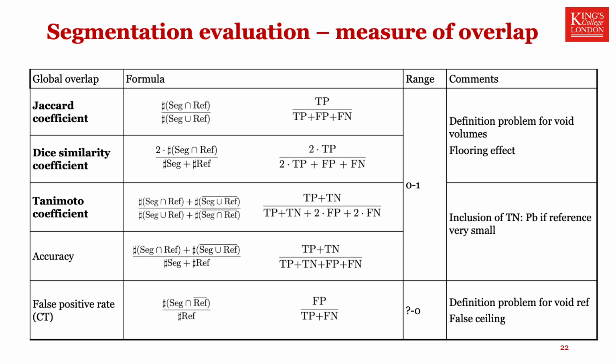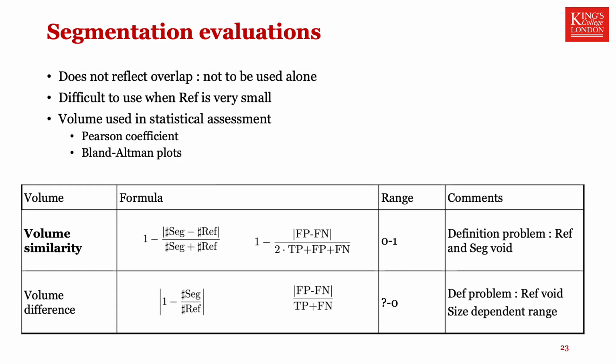You have always, as before for the binary classification, you can define accuracy and false positive rates in the same way. It's just that the number total of samples may be larger, but that's it. So that's for all type of overlap system. And you have all the binary classification type things that we discussed earlier.